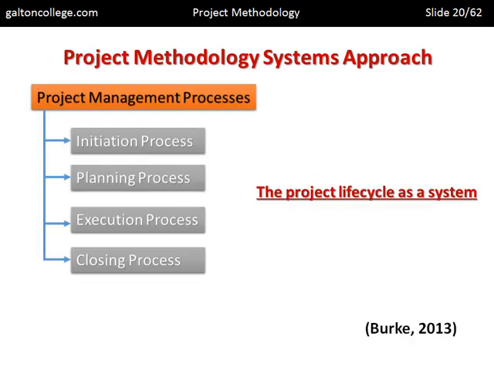And these activities are the initiation process, the planning process, the execution process, and the closing process, as we spoke about earlier. And that really shows the project life cycle as a system. So it comes into existence, it's planned, it's executed, it's delivered, and then it's closed off.